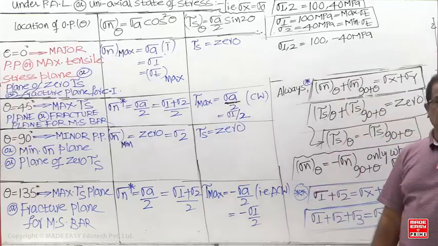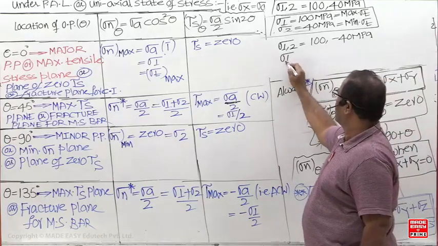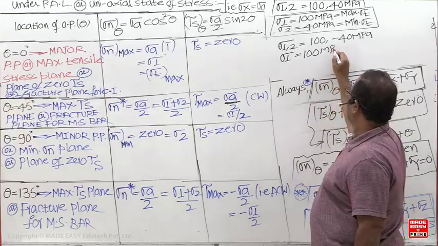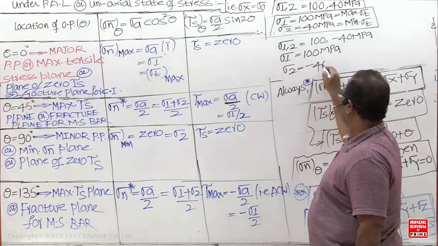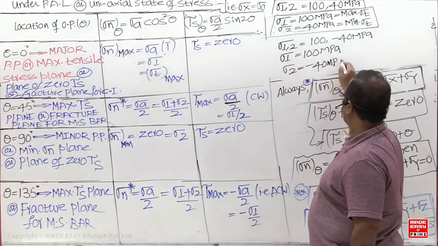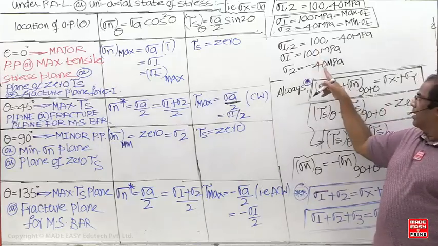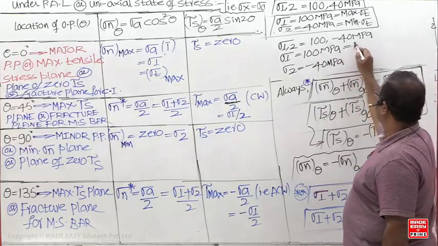Now sigma 1 is 100 and sigma 2 is minus 40. Positive means tensile, negative means compressive.